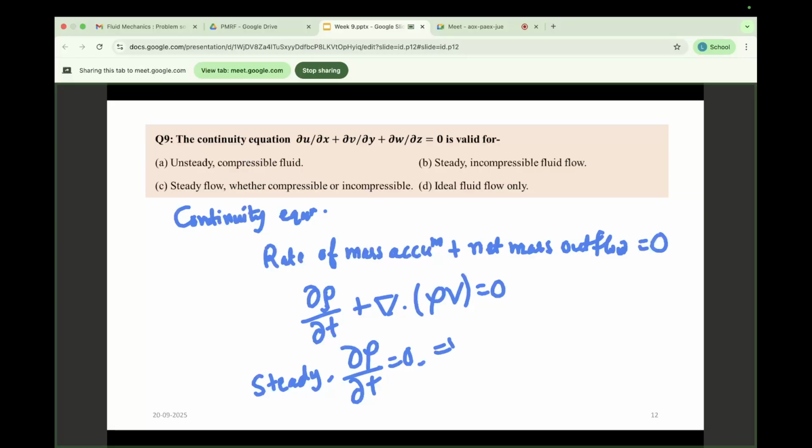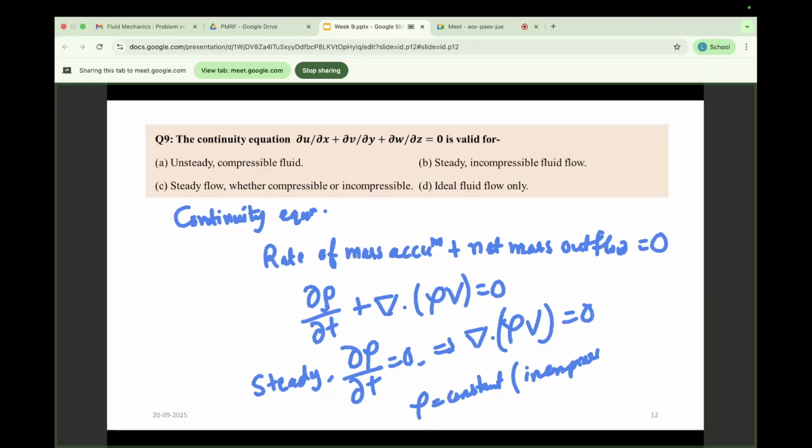So the above equation can be simplified to this form, where both these two are variable. If in the question it is said that rho is constant, rho constant means incompressible.